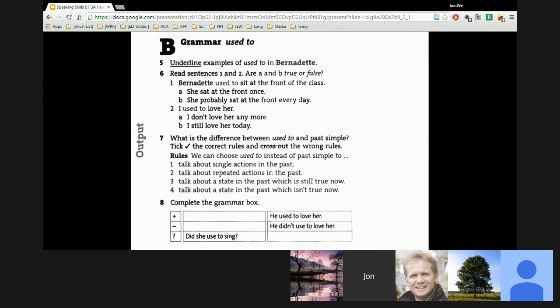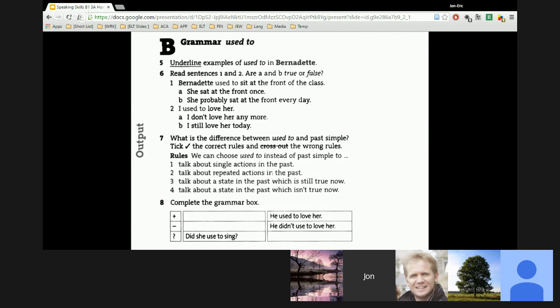Now here's a second question for you, class. Can the simple past replace used to? Is it possible to substitute used to for the simple past? Yes or no? Yes, I think.